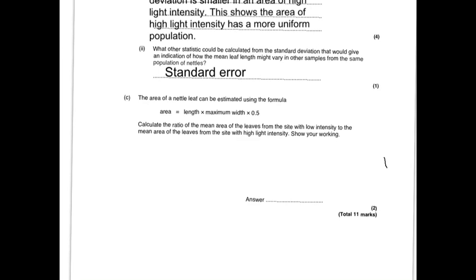So for the high light intensity, the mean length is 86 times the maximum width, which was 68, times 0.5, which is a half.